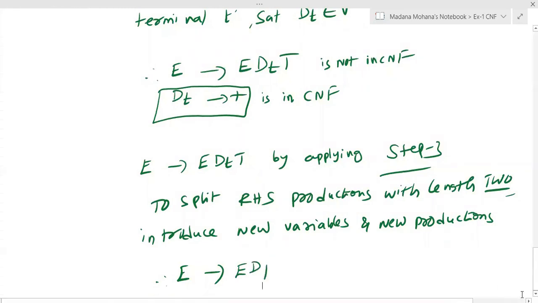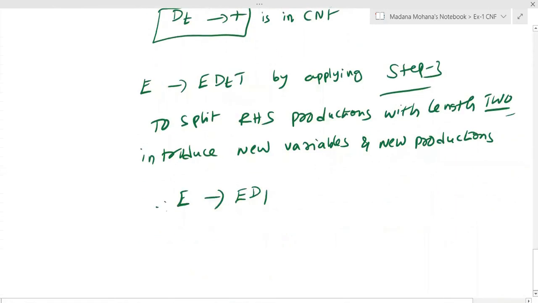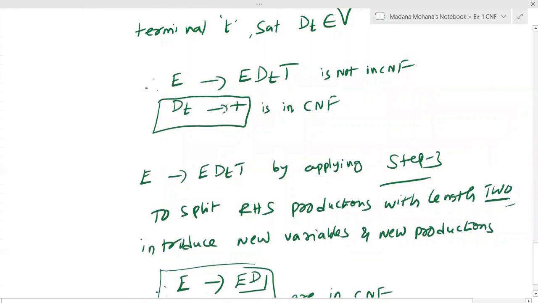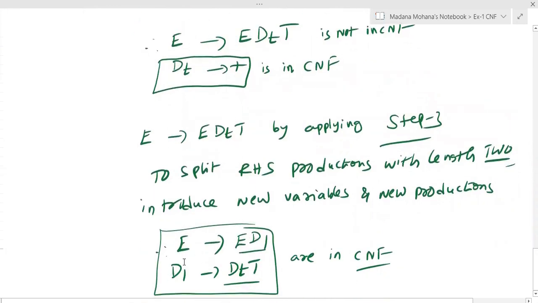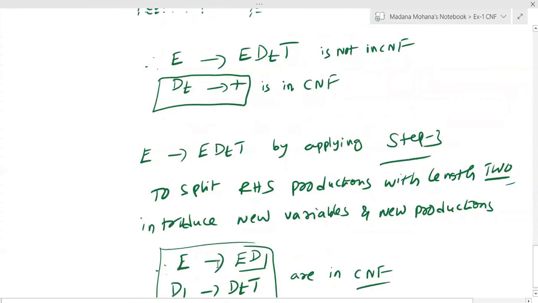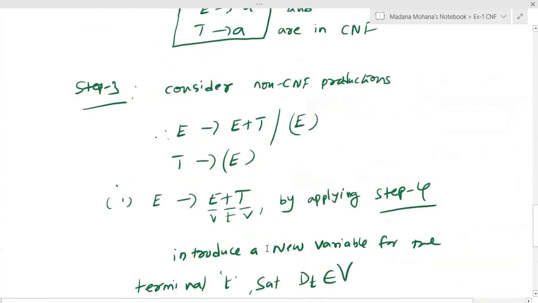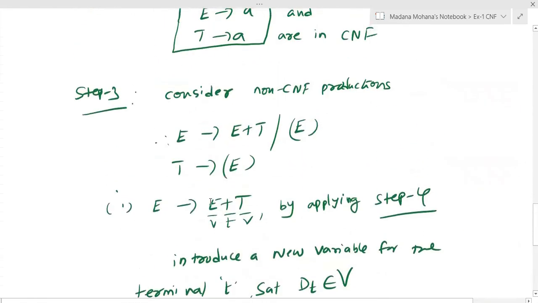Now D1 derives DT T. Now see here 2 variables, so these 2 are in Chomsky normal form. DT we already introduced above, DT derives plus. Then D1, now here the new productions are defined. Now these are all the new E productions which are in Chomsky normal form. So E plus T is over.